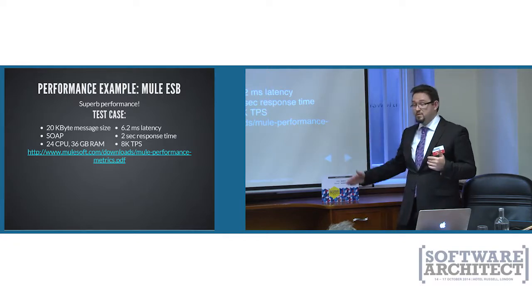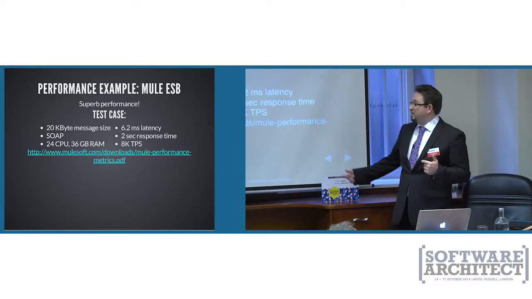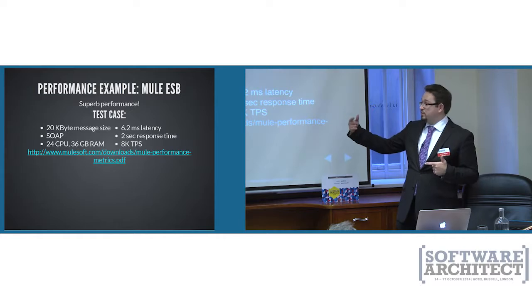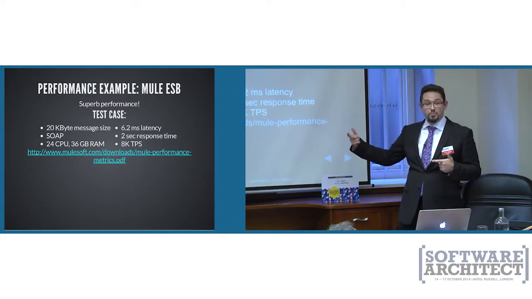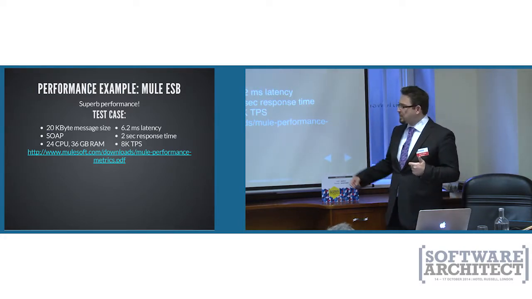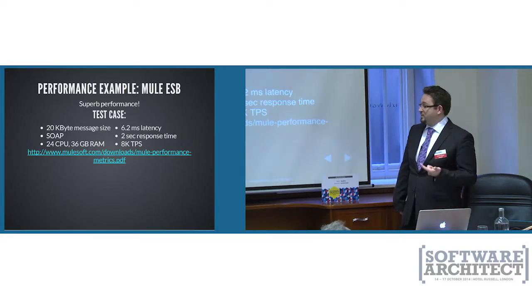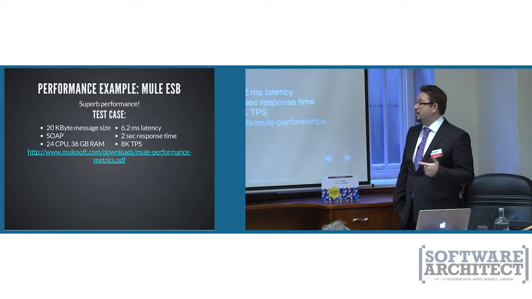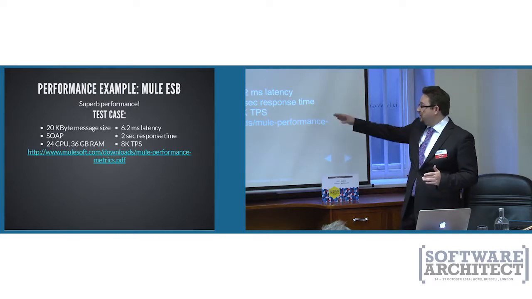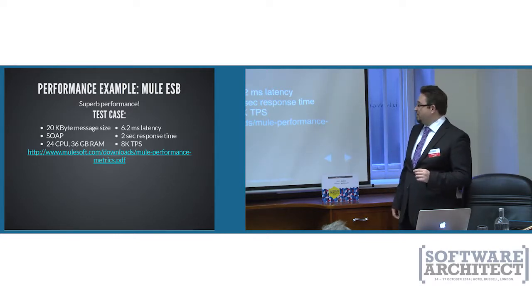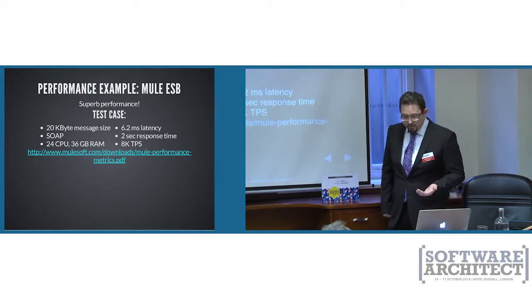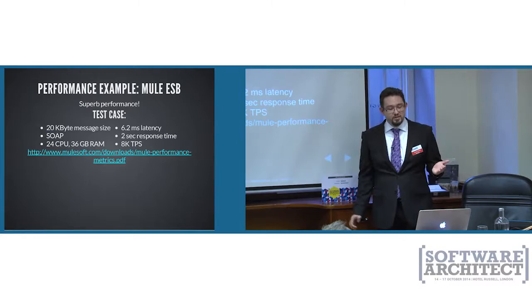These are awesome numbers, quite good for a 20 kilobyte SOAP message. But you need 24 CPUs and 36 gigabytes of RAM for this test. The test case is published and can be found on the website. But it's fine in many cases.